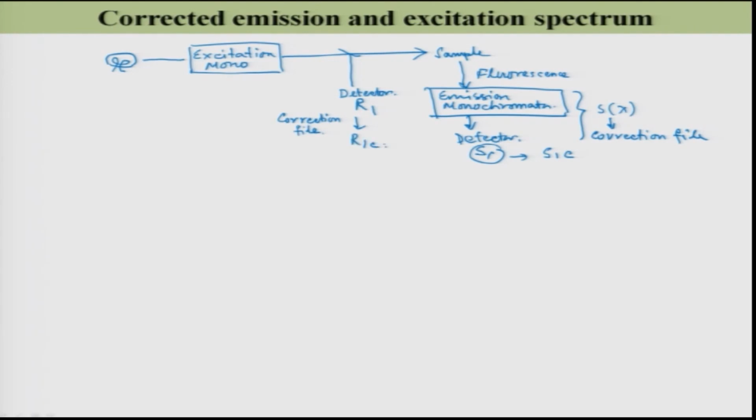Okay. Having said it, let us see, while you want to measure this emission spectra, which signal you should get, because here lambda excitation is being selected, and here is your lambda emission. The emission spectra means the plot of intensity as a function of wavelength for a given value of lambda excitation.